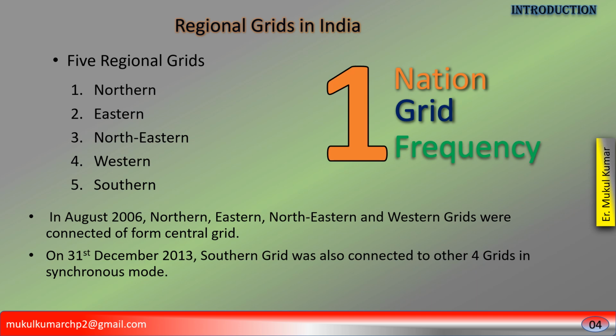Before 2006, all grids worked separately, but after August 2006, the Northern, Eastern, North Eastern and Western 4 grids were connected to form the central grid.